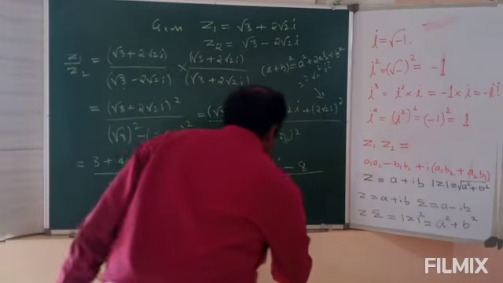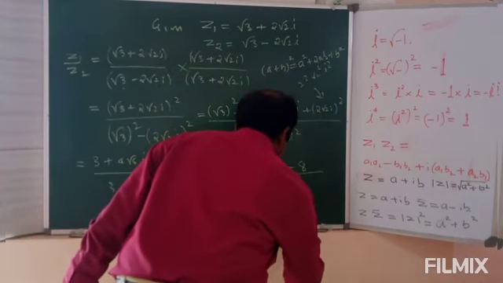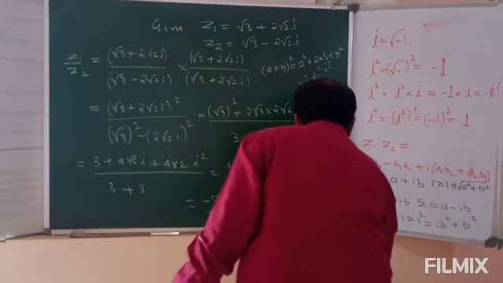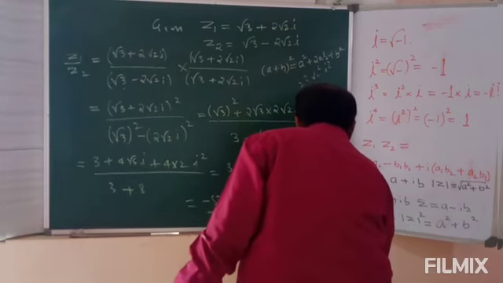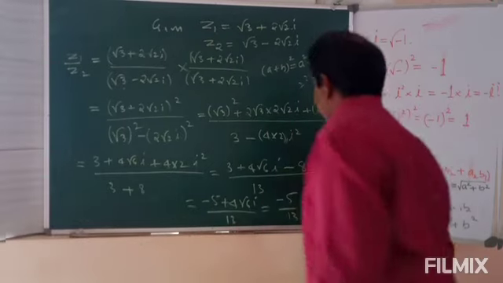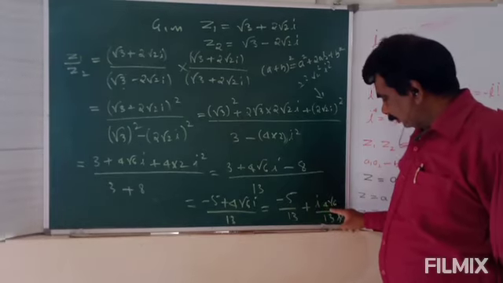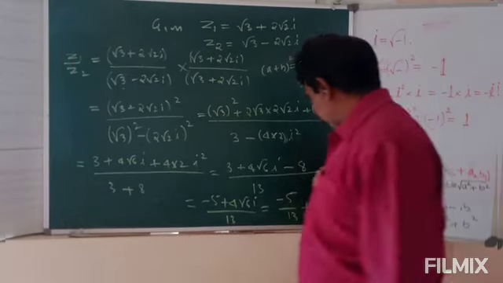That is minus 5 by 30 plus i into 4 root 6 by 30 is the answer. Where a value is minus 5 by 30, b value is 4 root 6 by 30.